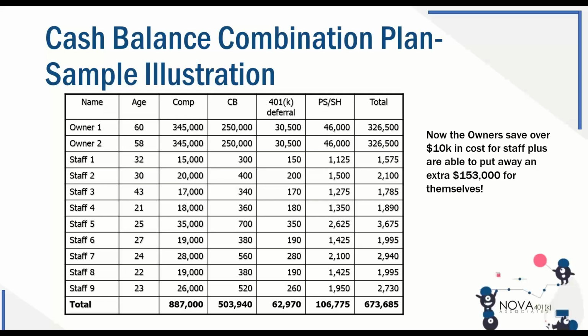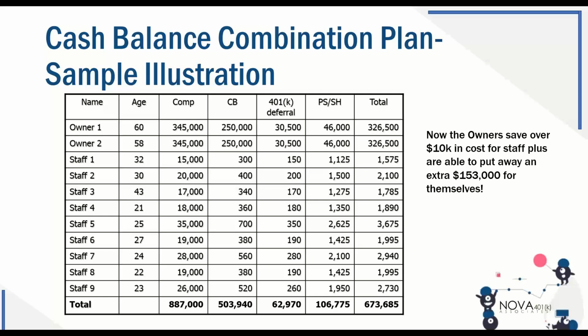In order for them to get all of that, the staff needs to get 2% in the cash balance and 7.5% total in the profit sharing safe harbor. So that 7.5% is to meet that gateway that I talked about on the previous slide. So they're getting 9.5% of pay, which is a very generous benefit.